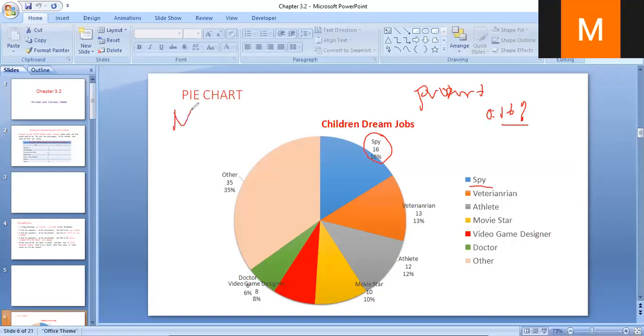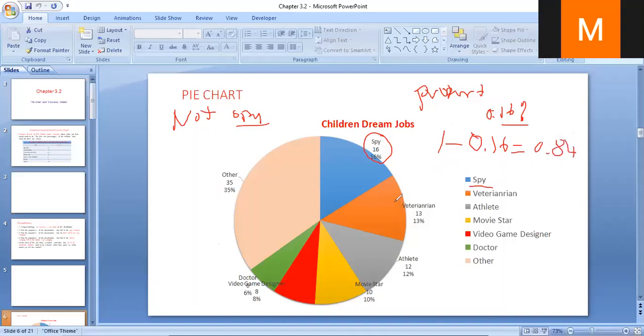And what if the proportion is not in spy? You have 2 ways to do it. The first: because everything added together gives you 100%, that means 1. If you subtract 16%, that is 0.16, you get 0.84 for not in spy.